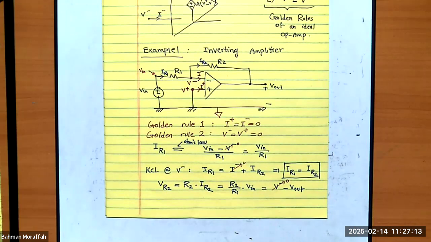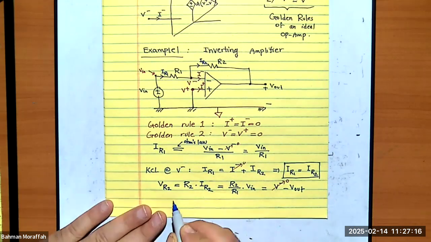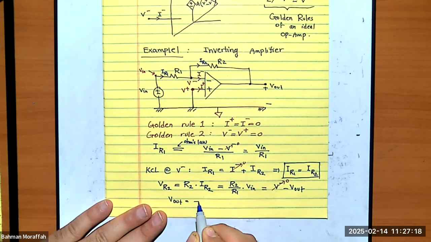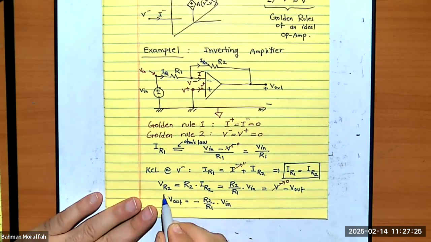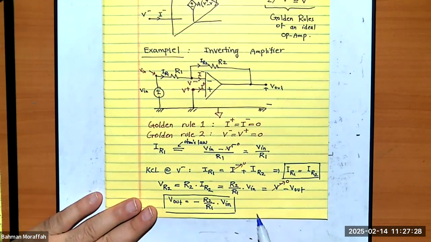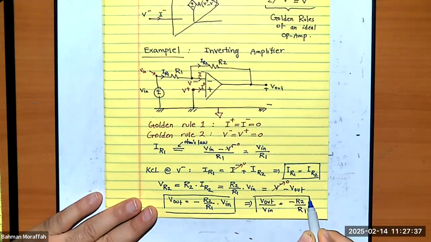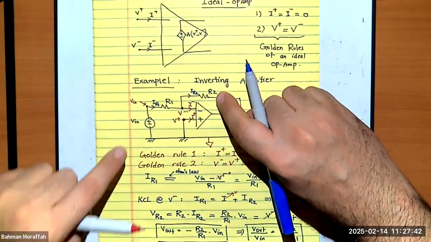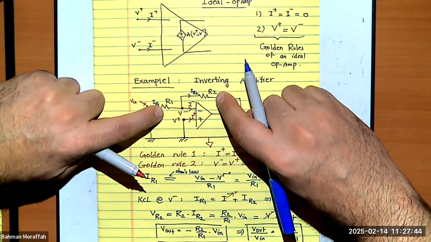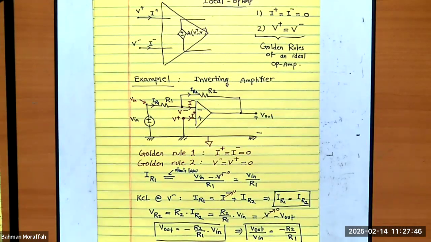So I know exactly what V out is. V out is negative R2 over R1 times V in, right? If I want to find the ratio of out to in, that is minus R2 divided by R1. Which basically means this resistance over the input resistance R1 with a negative sign, right?